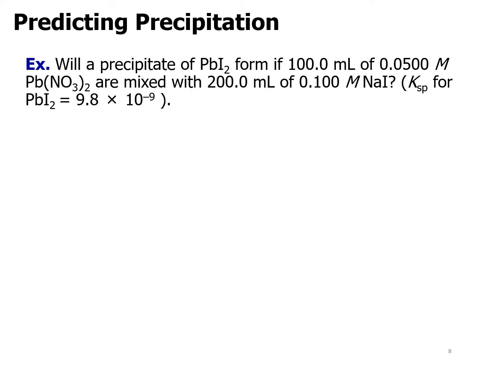So KSP for PbI2 is given, meaning we are interested in this salt, right? So if we want to figure out will a precipitate form or not, we first have to solve for QSP. QSP for this salt would be concentration of lead ion times concentration of iodide ion squared, right?